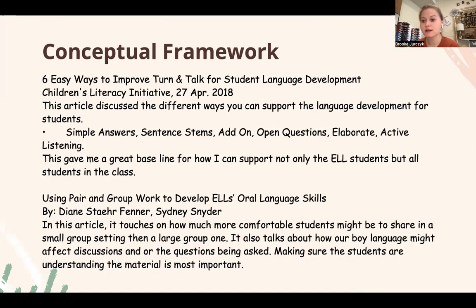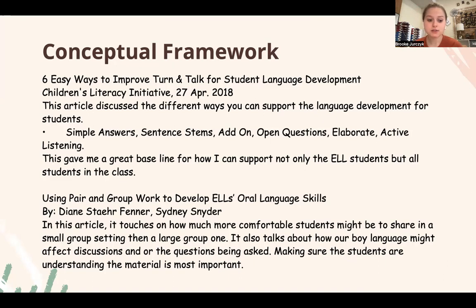So this gave me a great baseline for the supports I could use with my EL students, and more importantly, my English speaking students, to give them both the supports they need for interacting with everybody, especially because there were so many ELL students in my class who ranged in abilities.